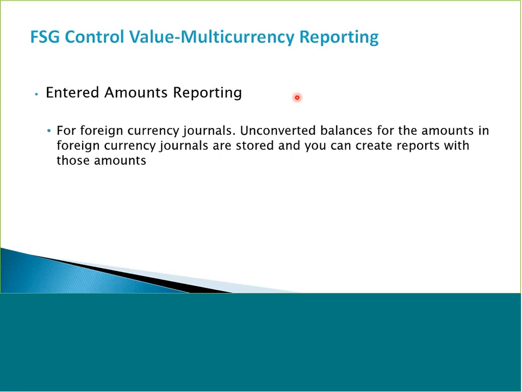So for translated amounts, of course, you have to do translation first. And for entered amounts, of course, you have to have foreign currency journals entered in a foreign currency. Then you can select that foreign currency and ask that amounts entered in that currency be displayed on a particular column.